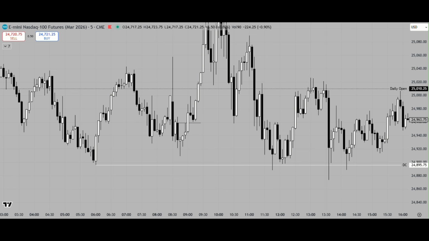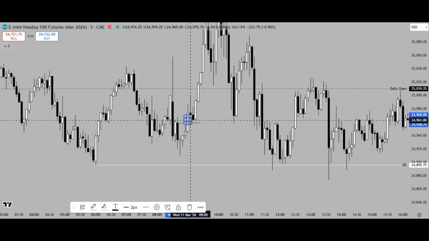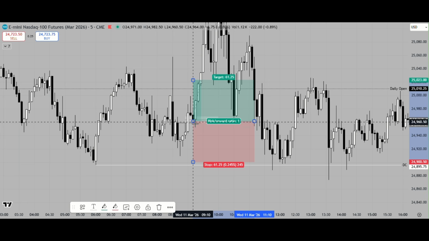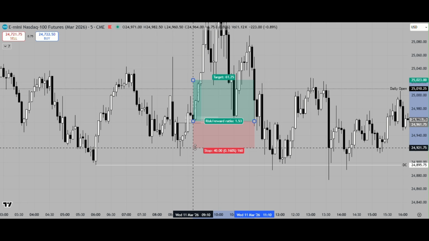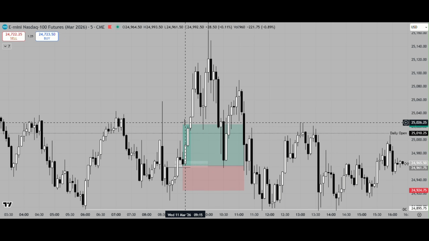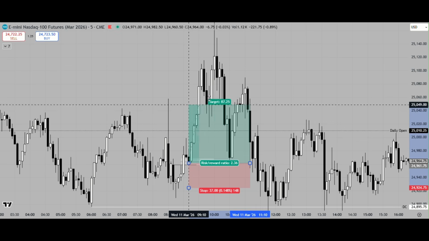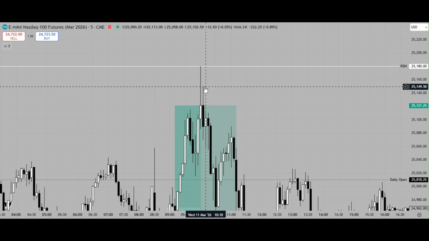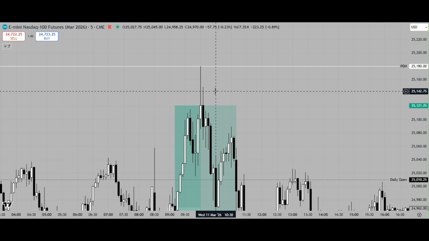You could have longed in this fair value gap and put your stop loss here and take the long till my target that was somewhere here, that I gave in my free Telegram, which you can find in my bio or in the description.